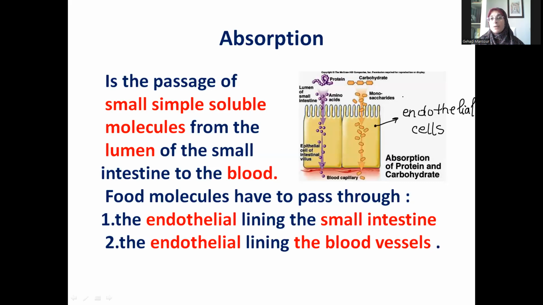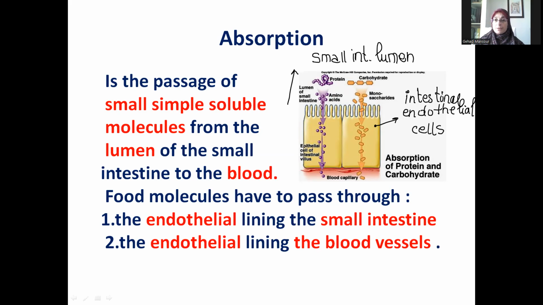Since they belong to the small intestine, we call them the intestinal endothelial cells. And towards this direction, we have the lumen, or the cavity of the small intestine.